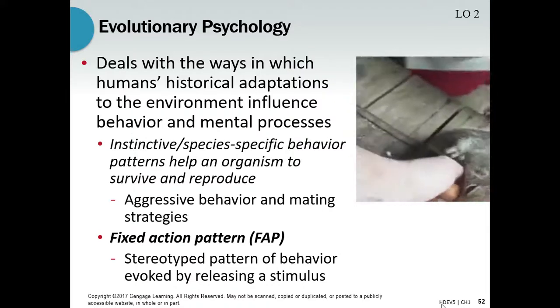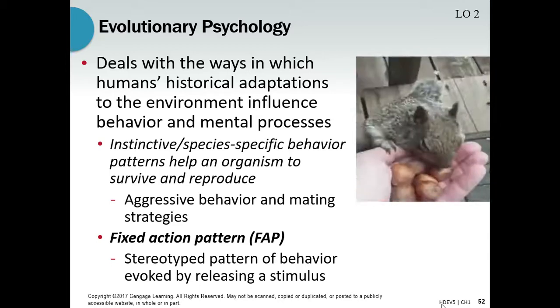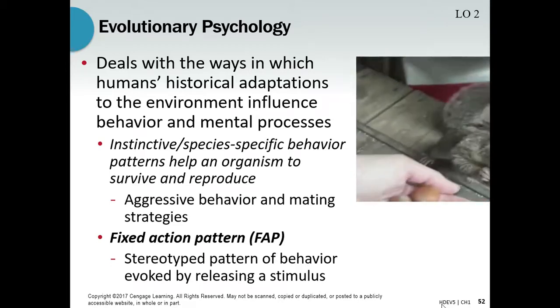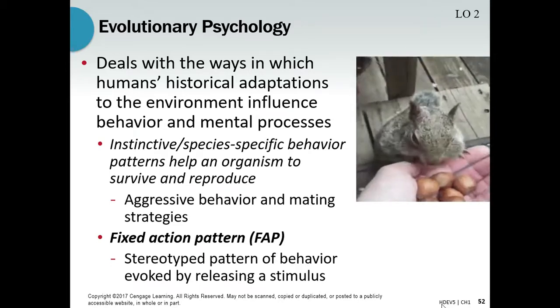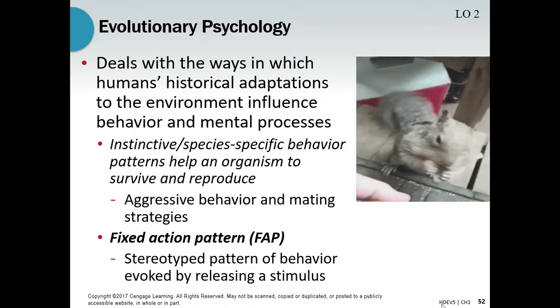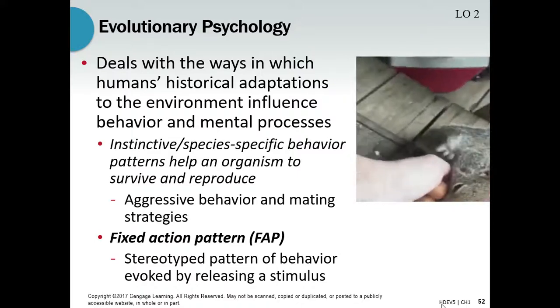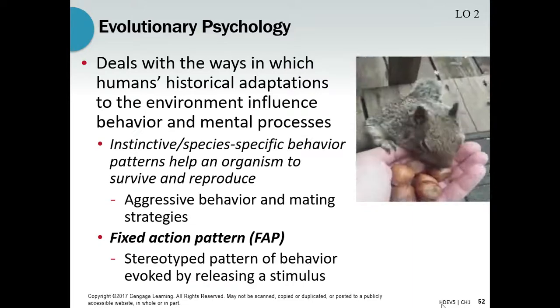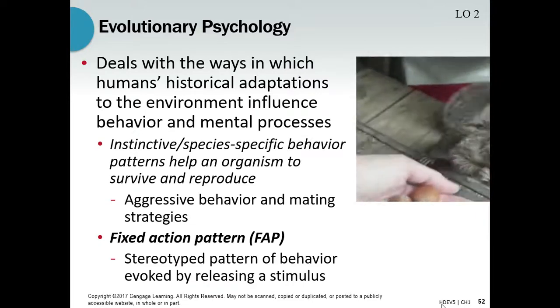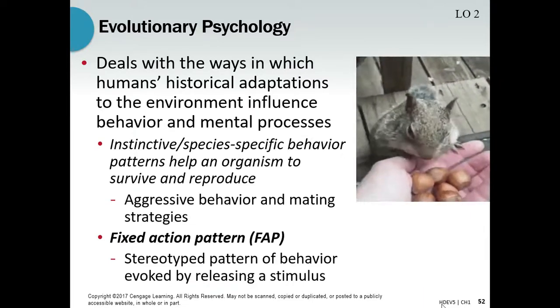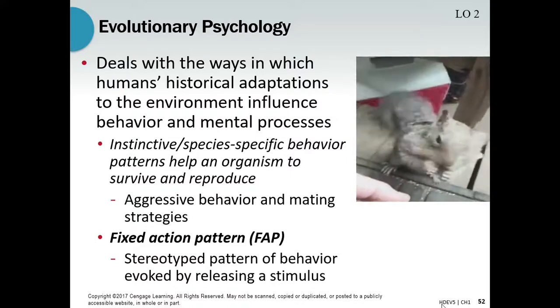Versus in tournament species, you have males and females that look very different. Think about a peacock. A male peacock has a big tail, and it's purple and beautiful, and the female peacock is actually quite drab and brown.